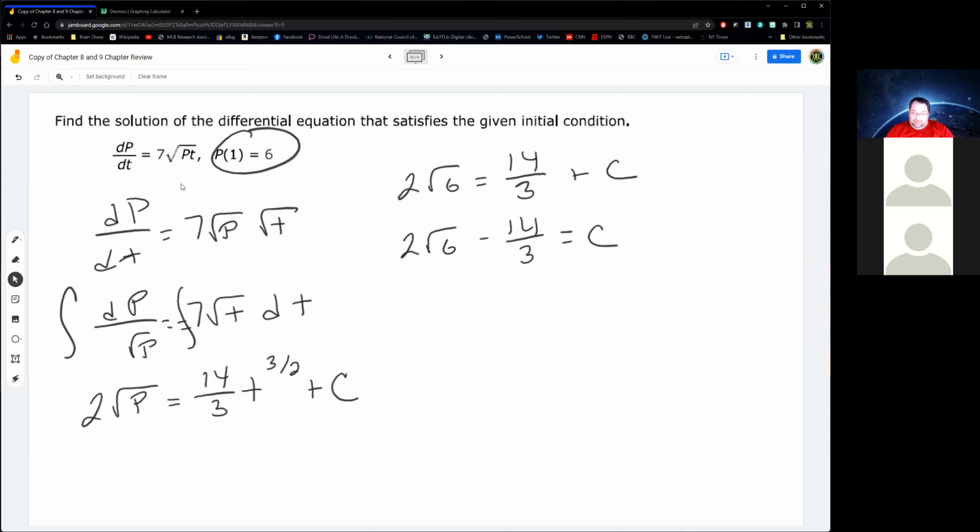So I've got 2 square root of p equals 14 over 3 t to the 3/2 plus 2 square root of 6 minus 14 over 3.